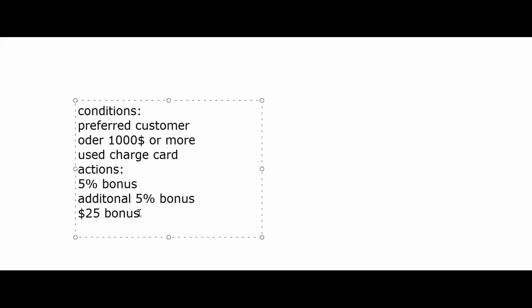Order $1,000 or more. Used charge card. And the action items are the 5% bonus, the additional 5% bonus, the $25 bonus, and then the $5 bonus.